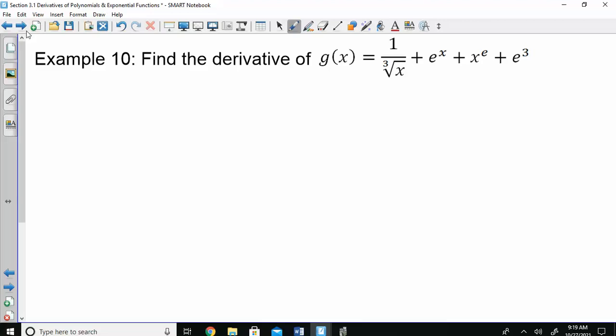Just going to do 2 more, just practicing with derivatives, and then I'm done. So, just like we talked about yesterday, and we talked about with that little handout to start class, sometimes you have to rewrite this. How would I rewrite 1 over the cube root of x?